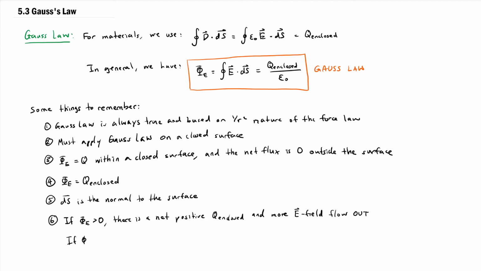And if the electric flux is negative, there is a net negative Q enclosed, because it's going to have an attractive force, and therefore more electric field will flow in.